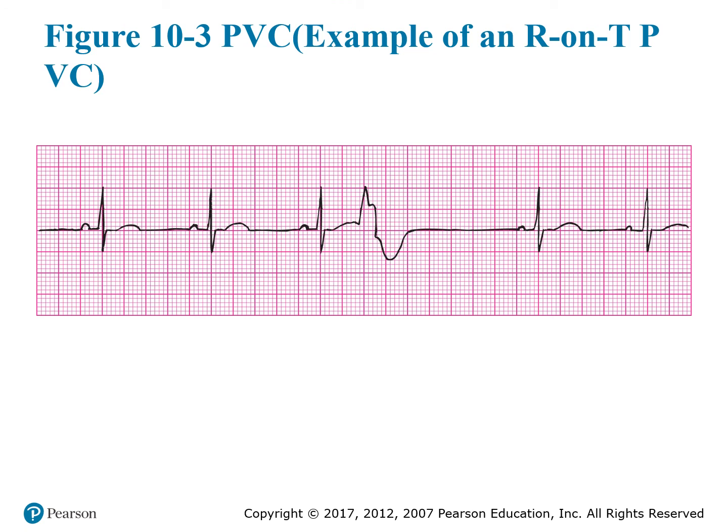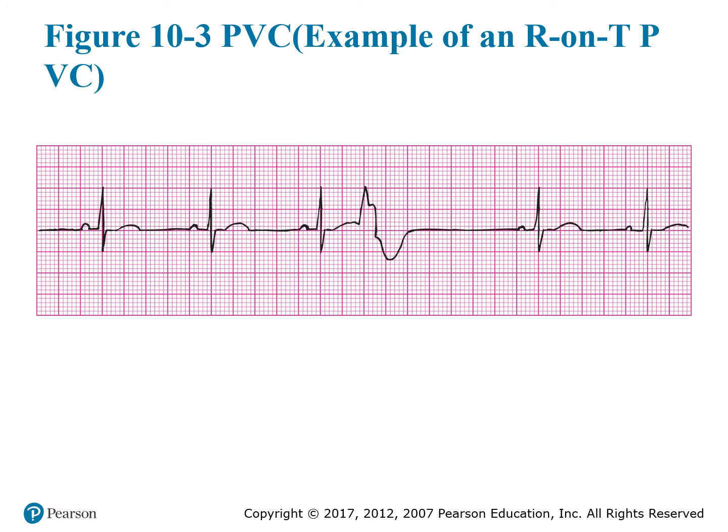If you look at figure 10.3, this is an example of a PVC. This, perchance, is an example of an R on T PVC, to be more precise, and I'll go into what an R on T PVC is. As you can see, you start out with some type of sinus rhythm.